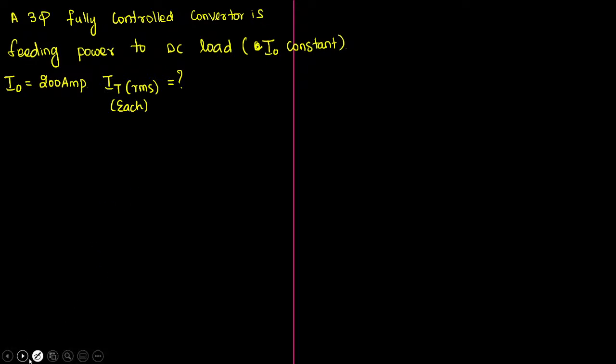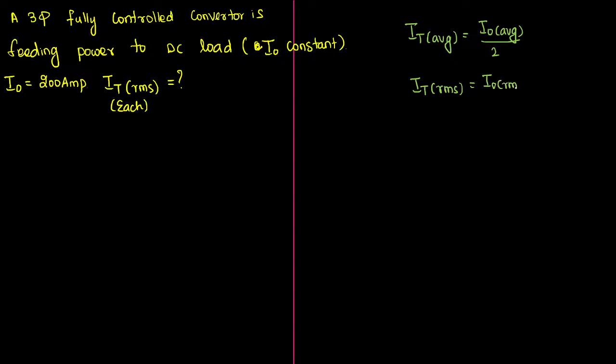When the output current is continuous, we saw in case of single phase full bridge converter, the average value of the thyristor current will be equal to the average value of the output current divided by 2. Similarly, the thyristor RMS current will be equal to the output RMS current divided by square root of 2.